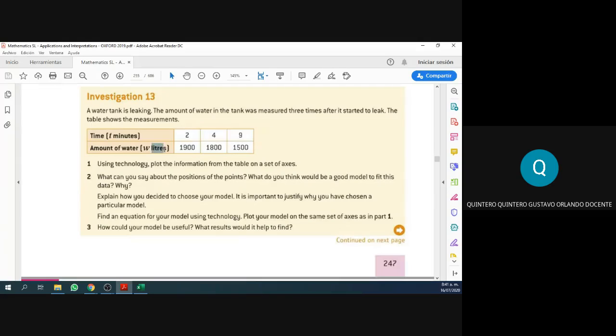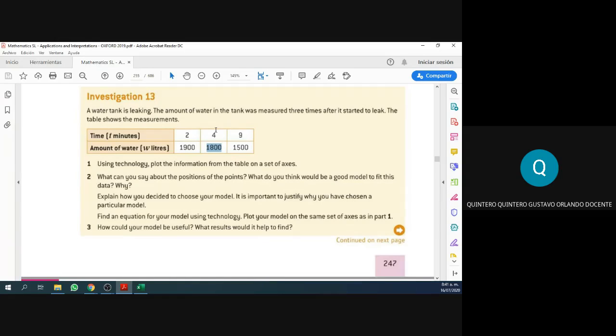The amount of water that we found in 2 minutes was 1,900 liters, right? Remember, this is in liters because it's the amount of water. Water is measured in liters. At 4 minutes, we had 1,800 liters. Now, does it make sense that the water is lower now that the time has passed?